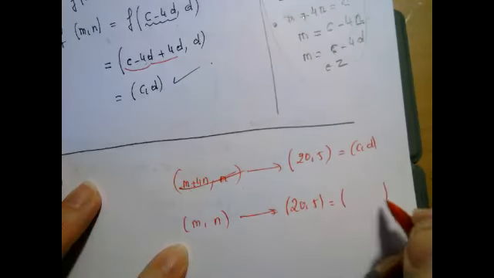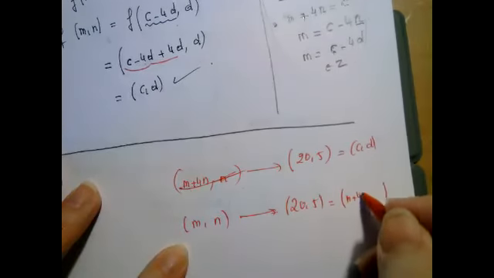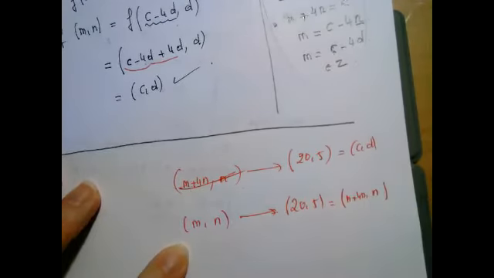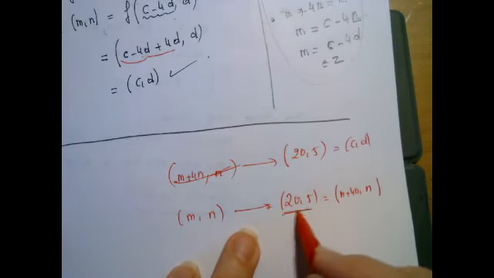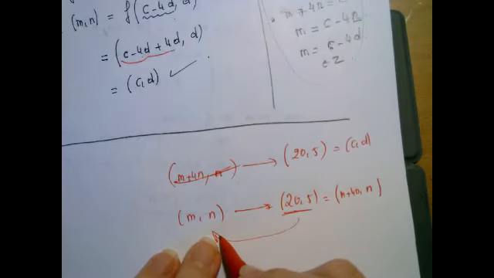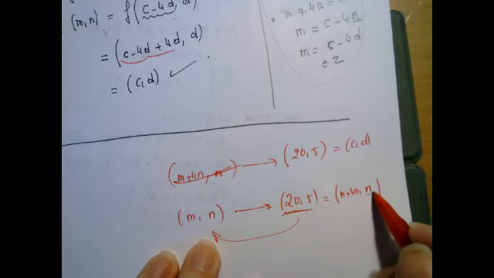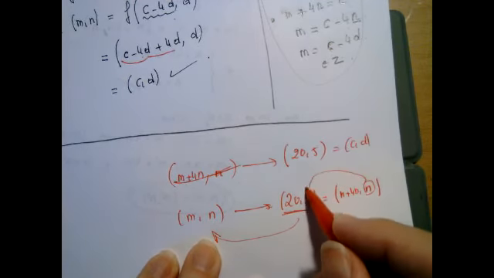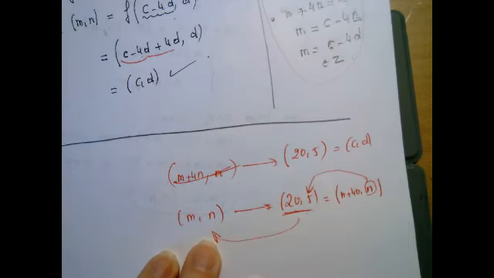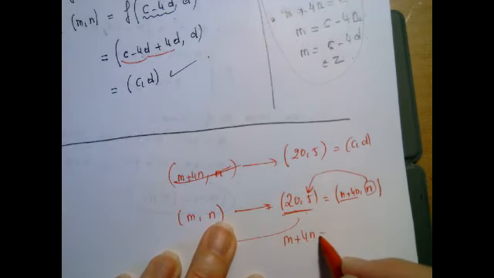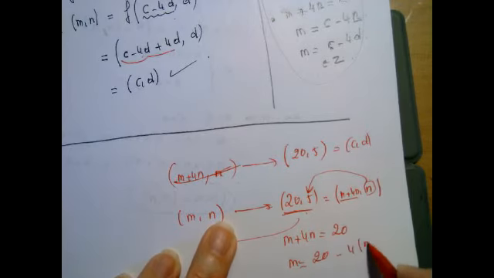So this would be M plus 4N and N. That's really my job. So if I give you that, what M and N are mapped into it? I said, okay, the one mapped into it, your N has to be the 5, and M plus 4N should be the 20. It means your M has to be 20 minus 4N.